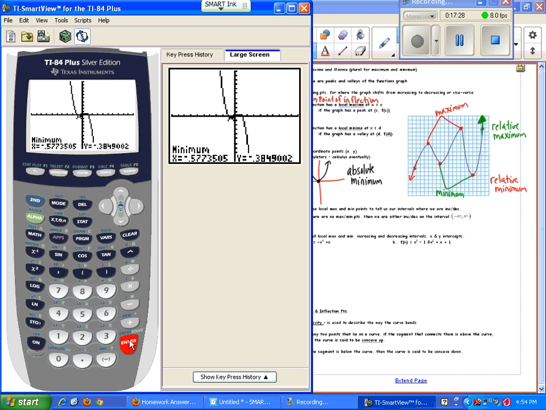So I'm going to write this down. We have a minimum, and of course this is a relative minimum because it's the minimum relative to the points around it.